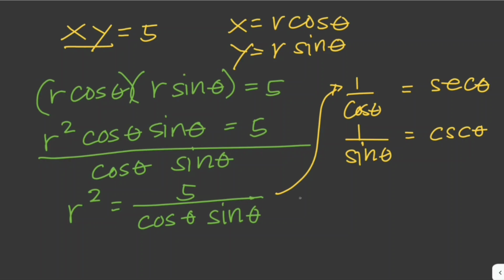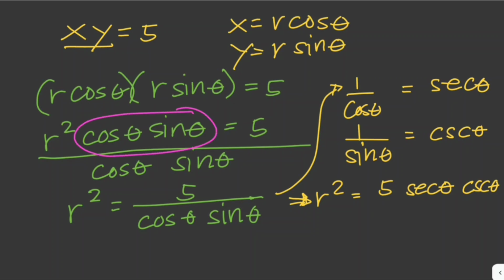So we can write this equation as r squared equals 5 times 1 over cosine theta, which is secant theta, then 1 over sine theta is cosecant theta. Or we can use another trigonometric identity for cosine theta sine theta.